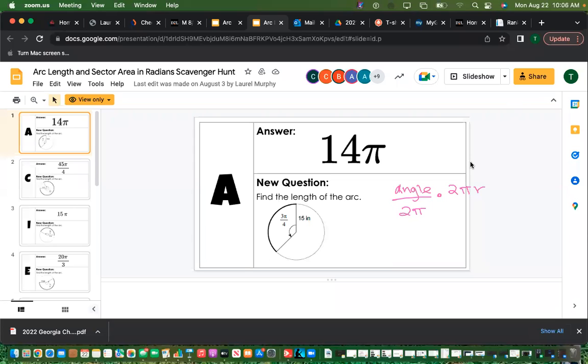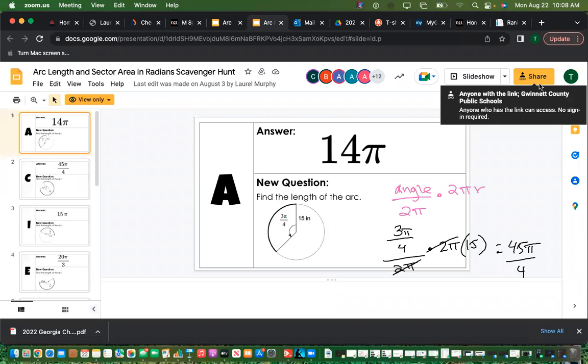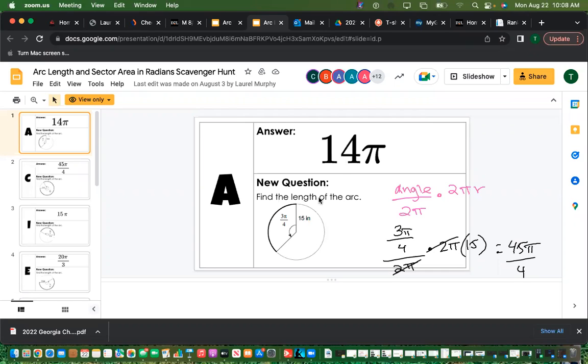All right, so let's talk about it a little bit. Really quick, if you plug this into your calculator, you're probably going to get a decimal unless you have a TI-84. That's the calculator that Amy has in her hand.